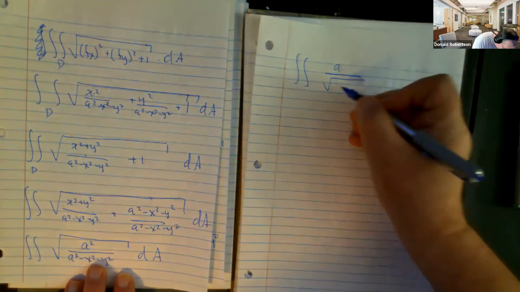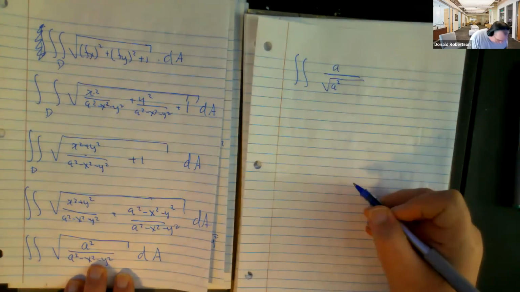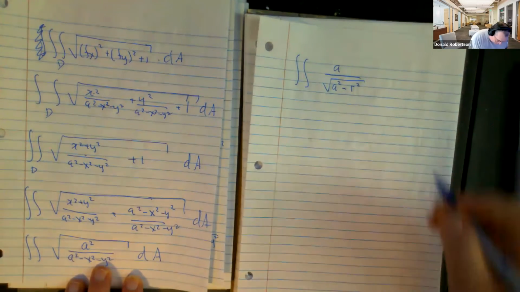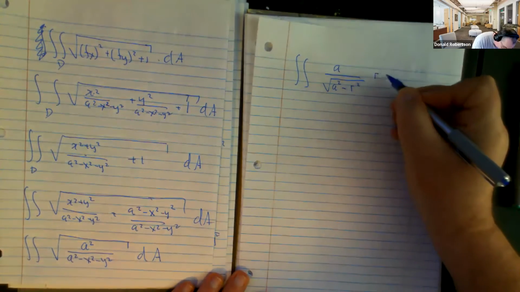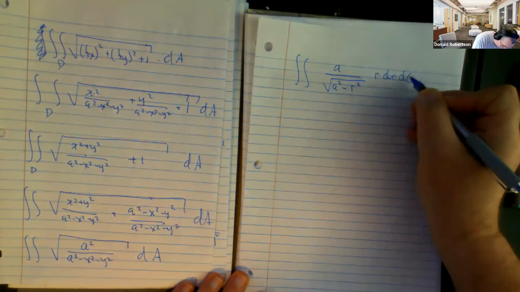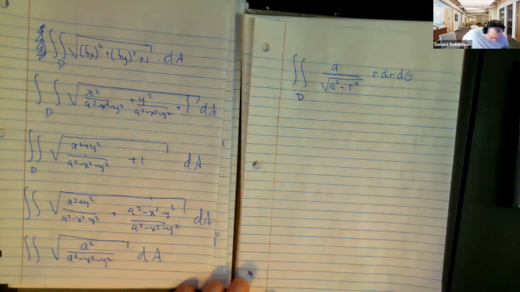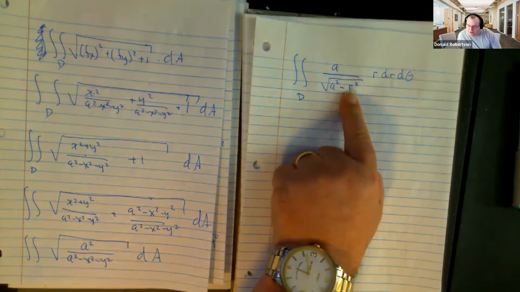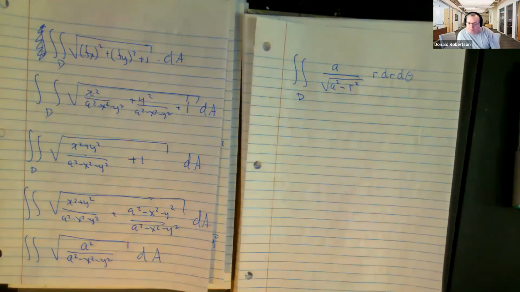So since I'm using polar coordinates, minus x squared minus y squared becomes minus r squared. And it's going to be an r dr d theta. Are you comfortable with converting to polar, in which case that becomes an r squared as well?